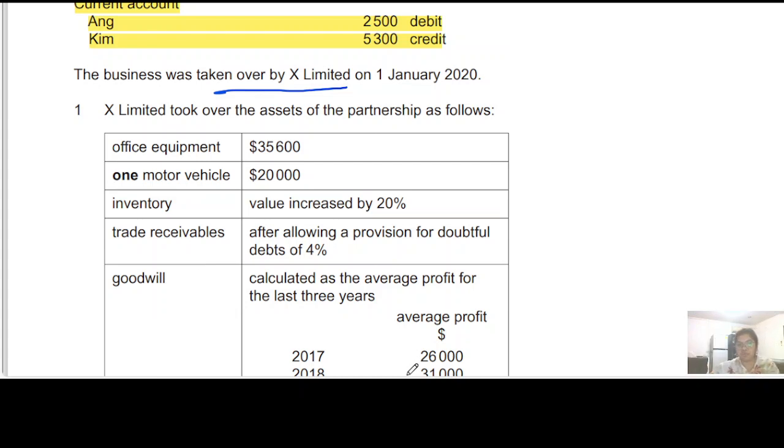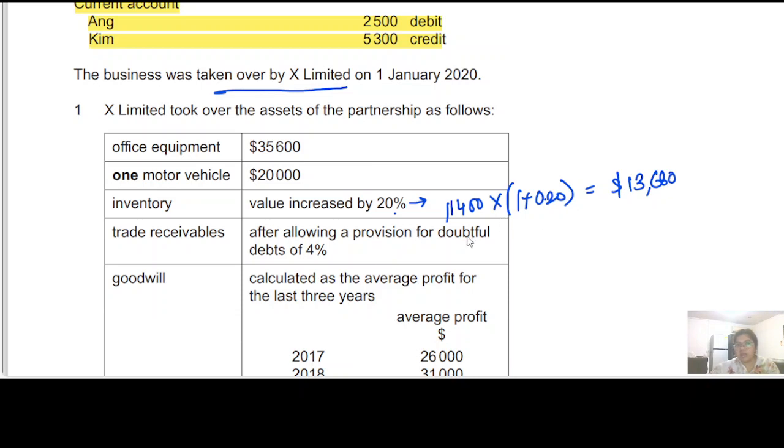So what is the value of inventory? Inventory value is 11,400 times 1 plus 0.20, because it increased by 20%, and the final value is 13,680.